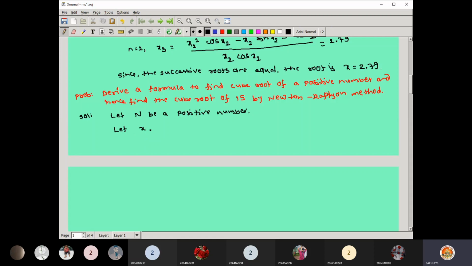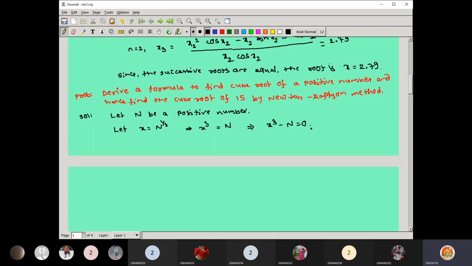So I am defining x as a variable. It is going to take the cube root of the positive number. Cube root means for that number you are taking power 1 by 3. In order to avoid 1 by 3, I am just cubing on both the sides, x cube equal to N. So this is x cube minus N equal to 0.